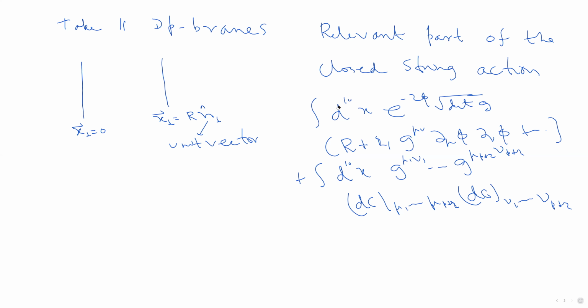Again, this is the full nonlinear form of the action up to two derivatives. But what you need is only the quadratic part of this action. So we don't really need the full nonlinear part. This is of course already quadratic. This is F squared, the kinetic term.